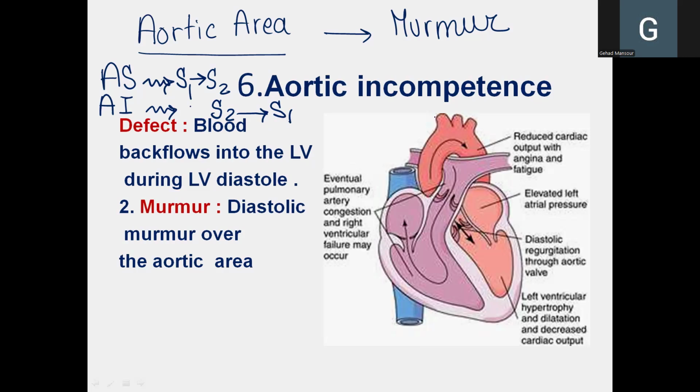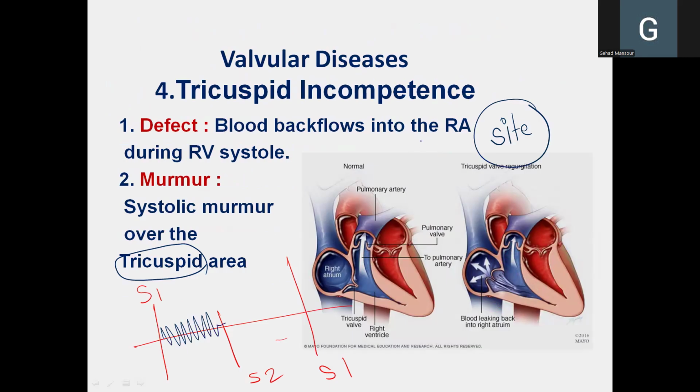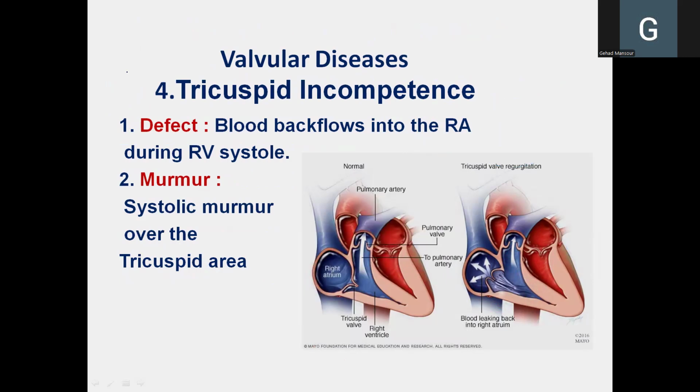And the same applies to the tricuspid valve. For example, if you hear a murmur best heard over the tricuspid area, then it must be originating from the tricuspid valve. So it is either tricuspid stenosis or tricuspid incompetence and regurgitation.